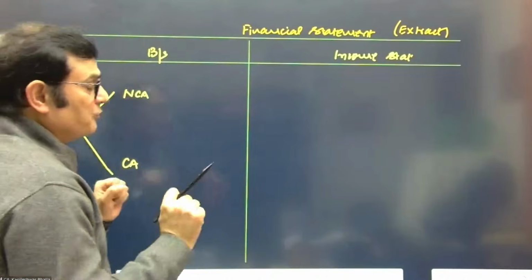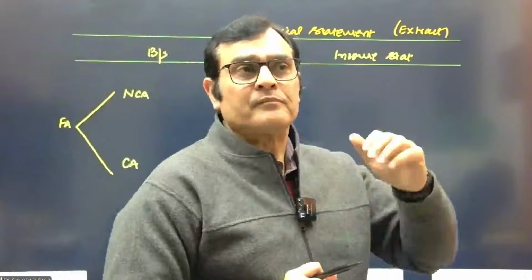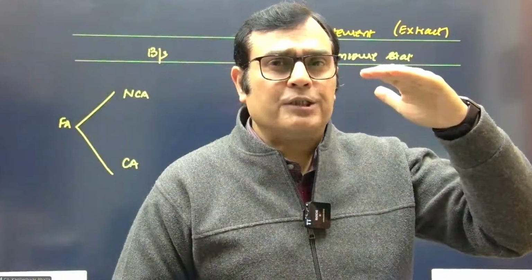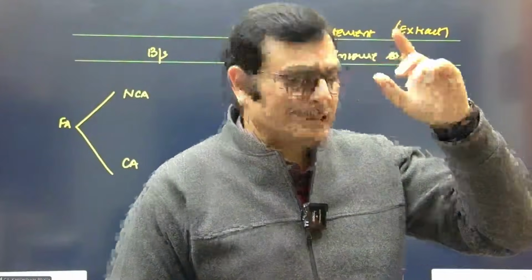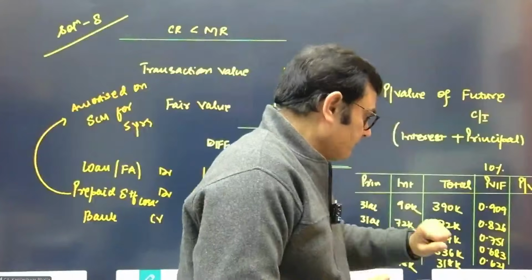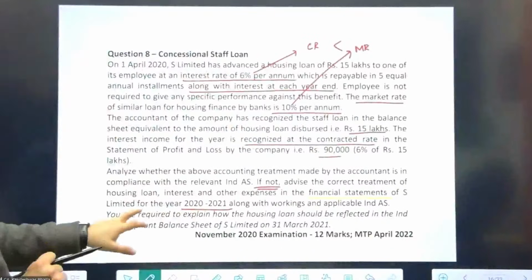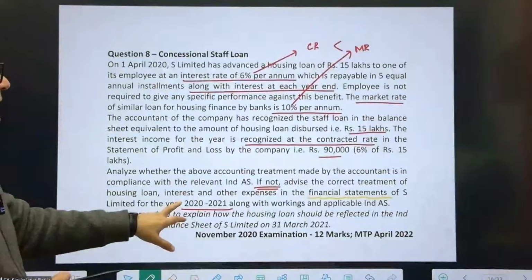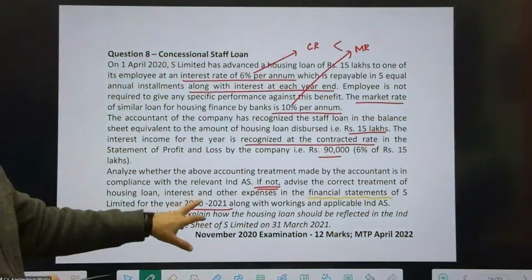Now let me first conceptually explain. How would you do that? Can I say in this particular case, you need to make a ledger account for 1 year extra? I'll explain. We are given that we want the financial statements for the year 2021, which is the very first year.